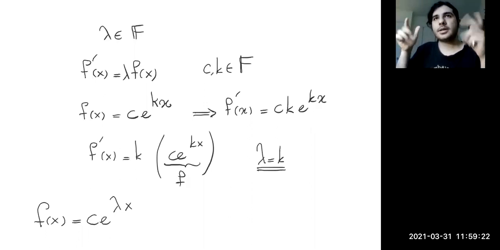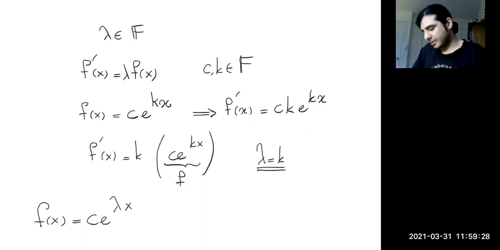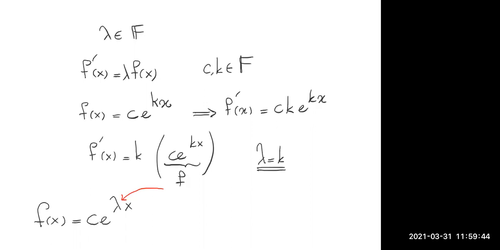So what are the possible values for the eigenvalue? What can we choose? What are the possible values for this lambda here? Does anyone want to give the answer to this question? Can lambda be anything, or are there restrictions? It can be anything. That is correct.